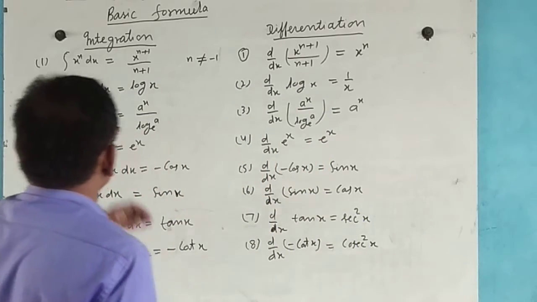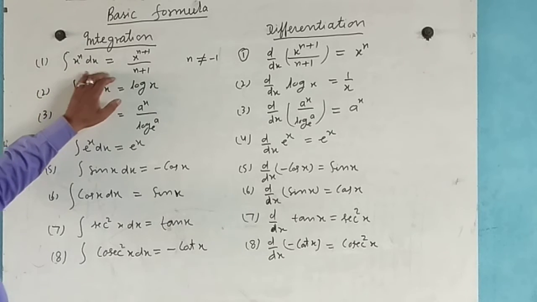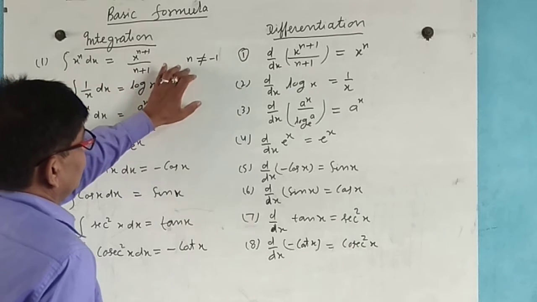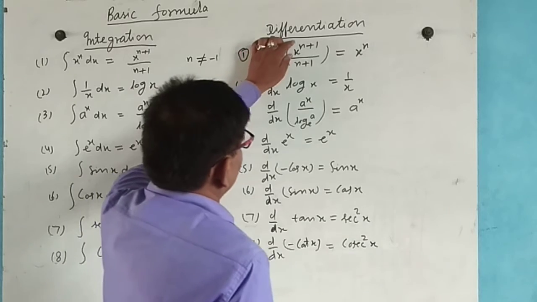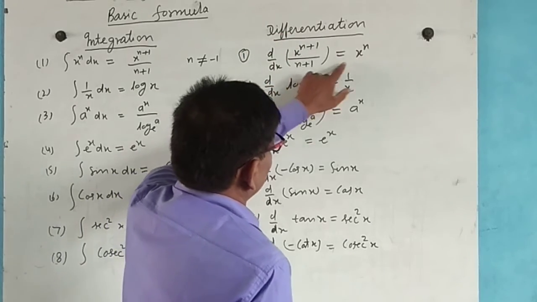So the integration of x to the power n dx is equal to x to the power n plus 1 divided by n plus 1, where n is not equal to minus 1. And d by dx of x to the power n plus 1 divided by n plus 1 equals x to the power n.